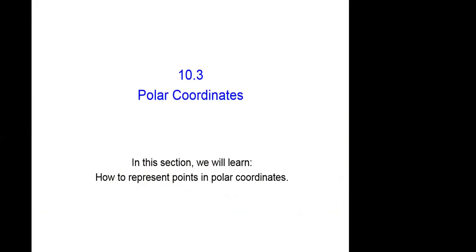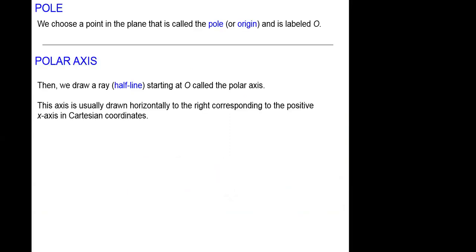For the polar coordinates, we will need at least one reference point, right? Because if you imagine the white plane at the bottom of this slide and I put a point, how do I know the location of the point?